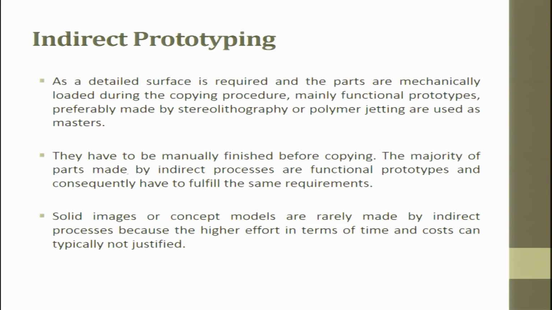The majority of parts made by indirect processes are functional prototypes and consequently have to fulfill the same requirements. Solid images or concept models are rarely made by indirect processes because the higher effort in terms of time and cost can typically not be justified.